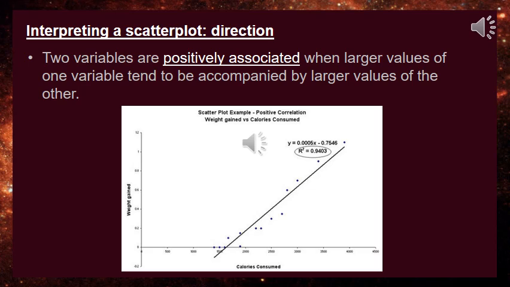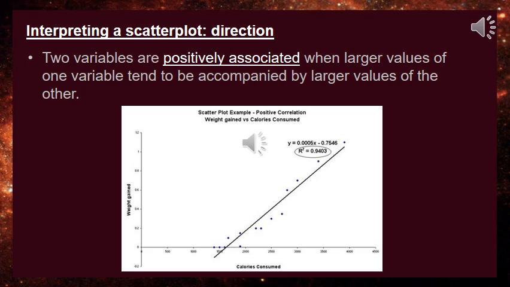Then the correlation between two quantitative variables can be positive or negative. It's positive when the two quantitative variables go up at the same time together.